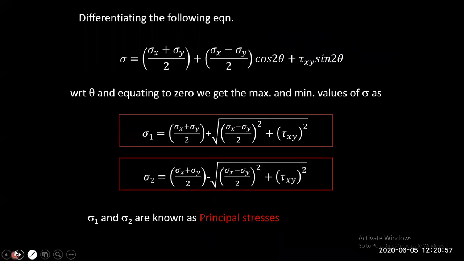These equations we have already derived before. You just differentiate this equation we defined for a biaxial stress system with shear with respect to theta and equate it to 0, and you will get two different equations. That's how you get the values for principal stresses.